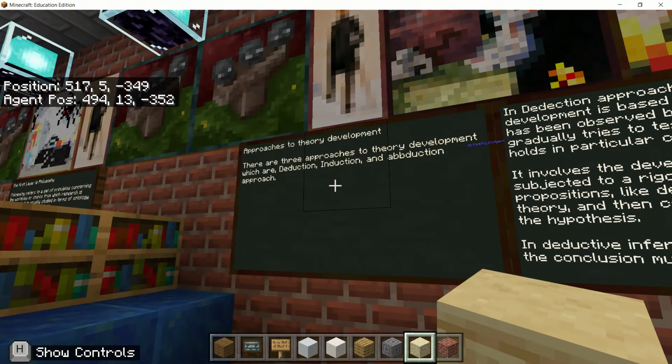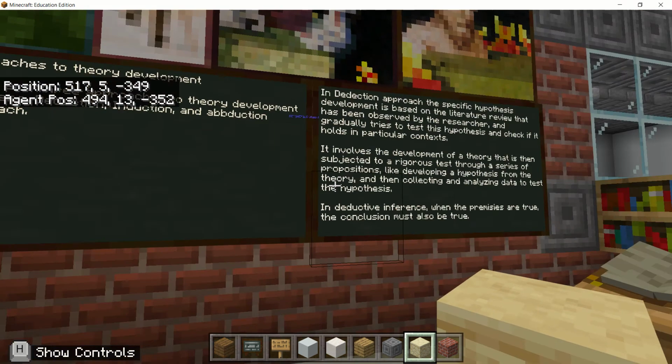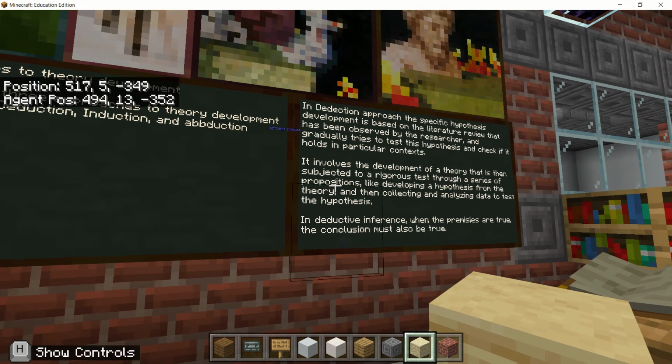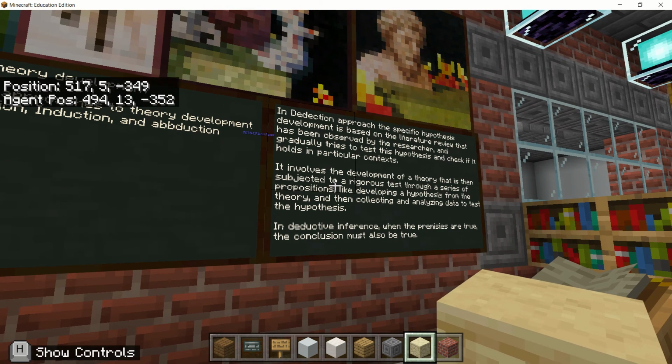Under approach to development theory, there are three approaches to theory development, which are deduction, induction, and abduction. In the deduction approach, the specific hypothesis development is based on the literature review that has been observed by the researcher, who gradually tries to test the hypothesis and check if it holds in a particular context.